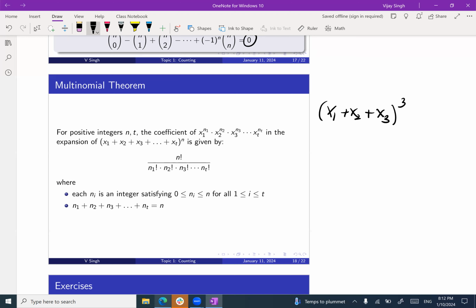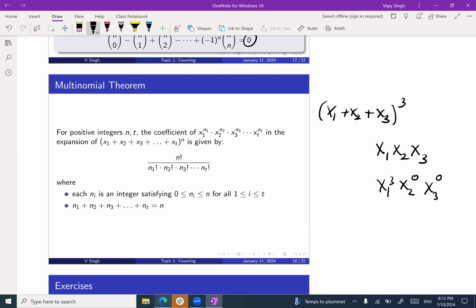Generally, people are not interested to write the expansion formula like the binomial theorem. Here, you just want to say, okay, what is the coefficient of, when you multiply this, what will happen is you will have x1, x2, x3. You'll have a term like that. You will have a term x1 cube, x2 to the power 0, x3 to the power what? 0.